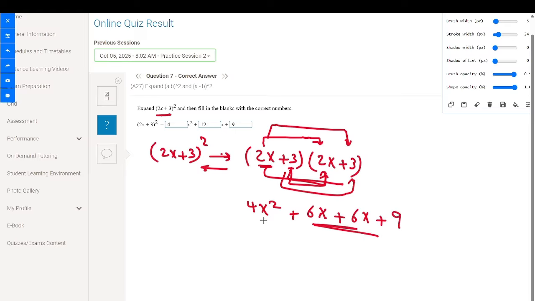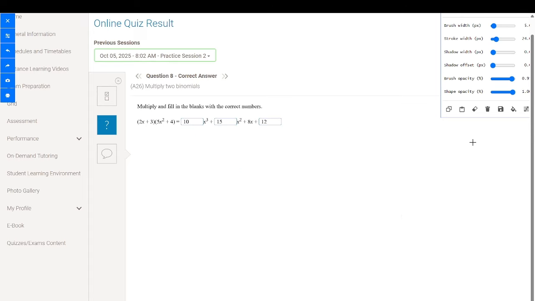So we simplify. We have 4x squared, we don't have another 4x squared here, so it will be 4x squared plus 6x. We have another 6x, so it will be 12x and 9.